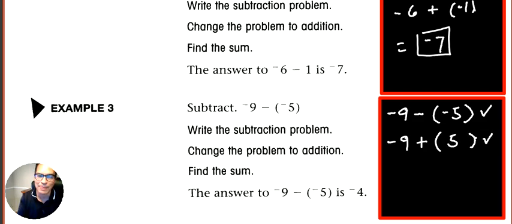Now we're going to find the sum, which is 9 minus 5, which is 4. And here's a trick I want you to remember. One of these two integers, the largest integer is -9. So we're going to use the sign of the largest integer. The largest integer is 9, and it's got a negative in front of it. So our answer is -4.